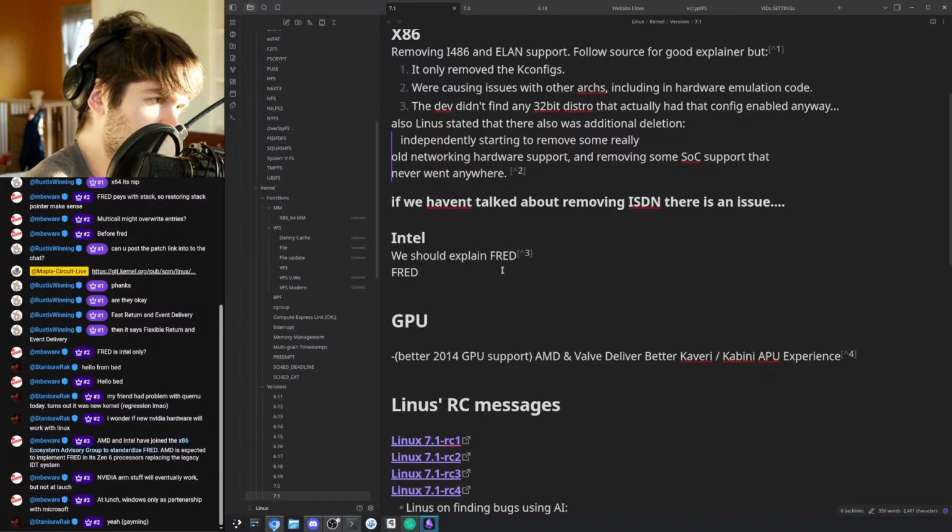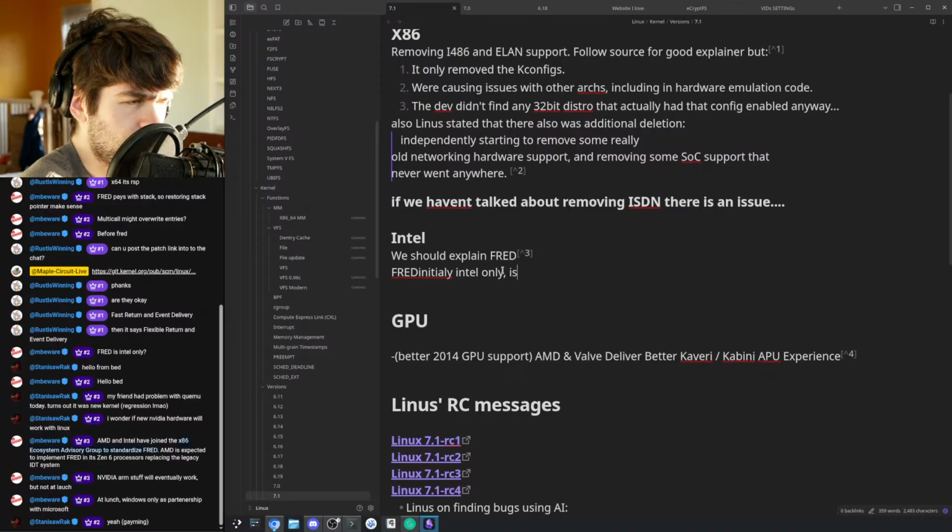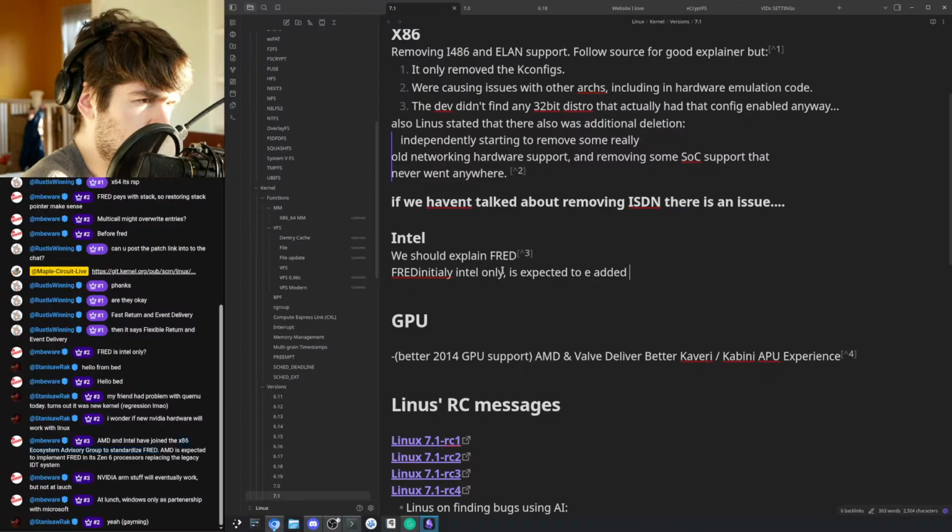FRED, initially Intel only, is expected to be added to be part of Zen 6.